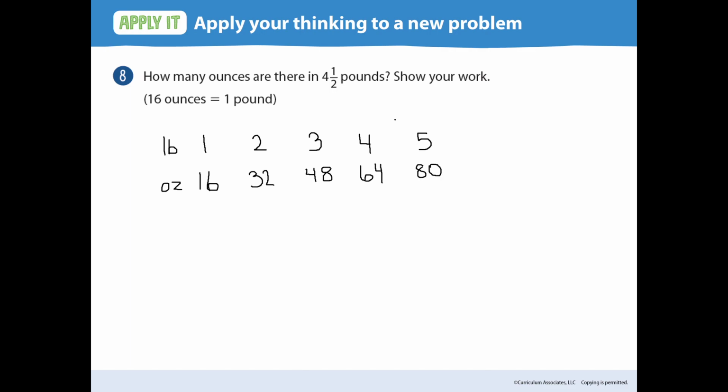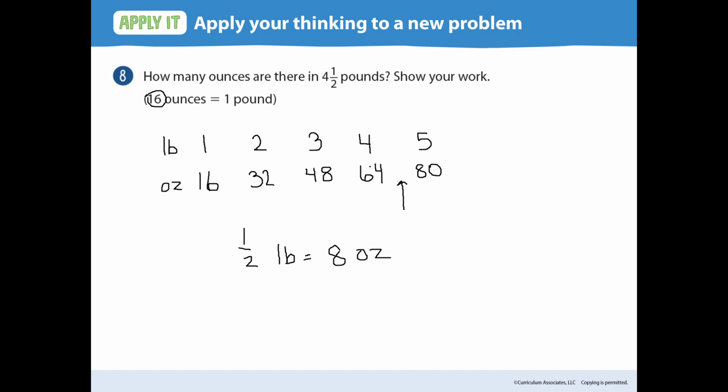Now 4 1/2 is going to be right between these two numbers here. So if 16 ounces is 1 pound, then 1/2 of a pound would be half of the 16. So 1/2 pound is going to equal 8 ounces.